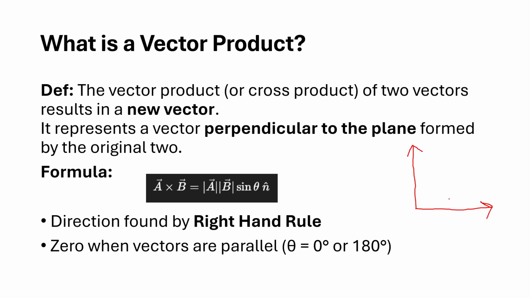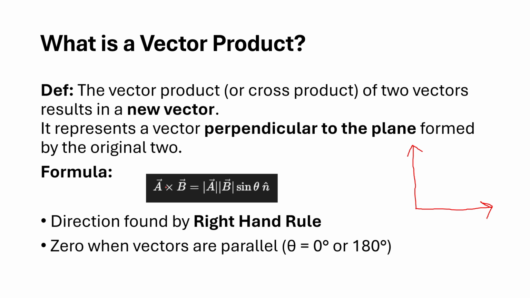For example, we are given this diagram, with A representing this one and B representing this one, and we have this cross product. We understand that it is the vector product, so it must have a direction, and we are asked to find the direction in this diagram. How will we find that?